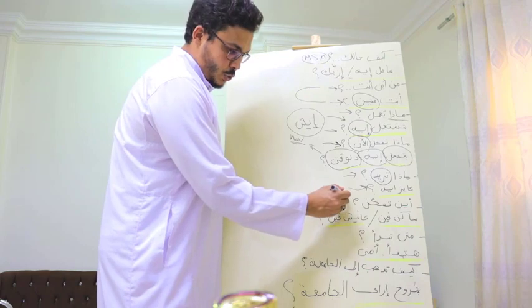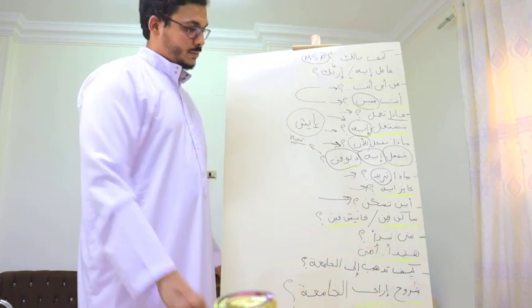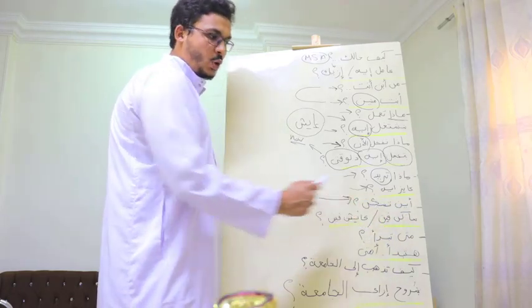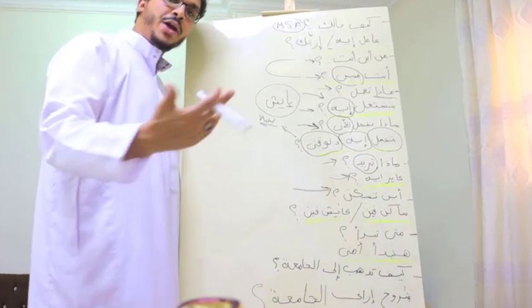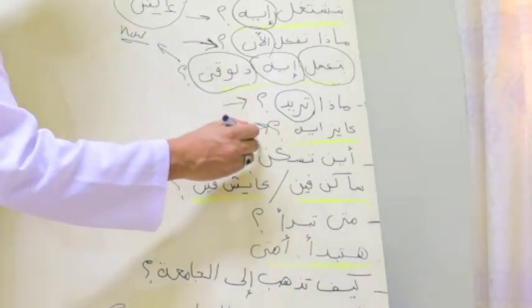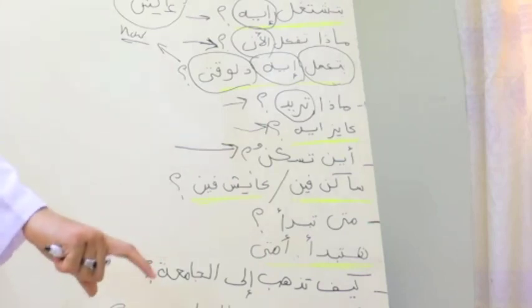Let's go to where do you live? أين تسكن? So أين is where in Standard Arabic. أين تسكن? Where do you live? Here is ضمة at the end of this verb. If you're asking a female, أين تسكنين?